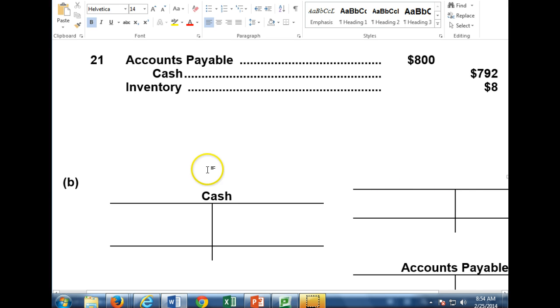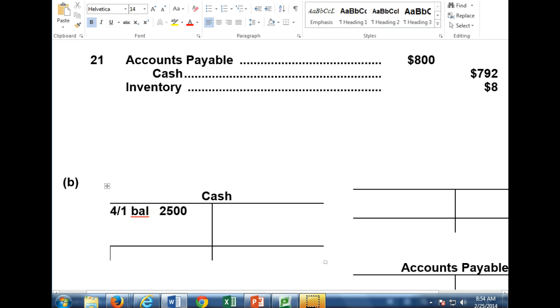Cash 2500. Cash 2500 was a beginning balance, 4-1 balance, 2500. What else did they tell us was a beginning balance? Inventory 3500.